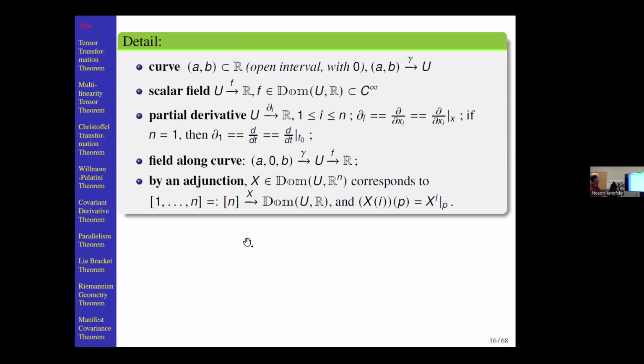Special examples of the domain, category of domains. You can have a curve on an open interval, that's from R1. And you can have a scalar field over a domain. And if you have a curve in the domain and a scalar field over the domain, then you have the values of the scalar field varying across the curve. And so you get into directional derivatives.